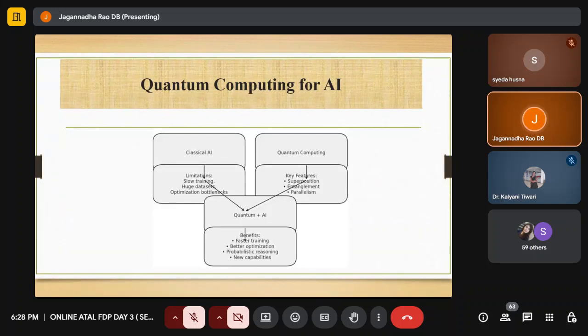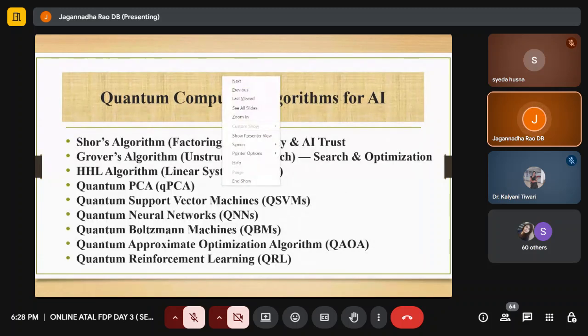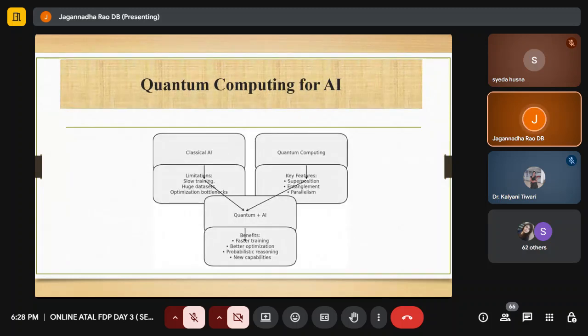So simply see this diagram. In classical AI, these are the limitations: slow training, huge data sets we are accessing, and optimization bottlenecks.